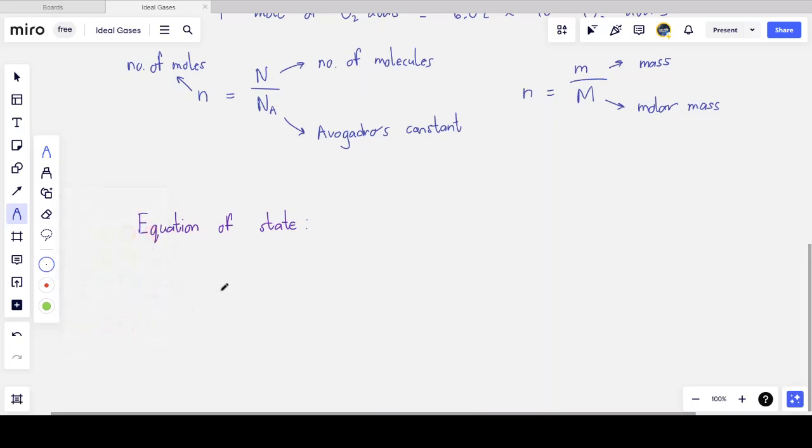Firstly, I'm going to look at a containing vessel, whatever this cylinder may be. It's closed, it doesn't allow any matter to enter or leave. And I have the particles of a gas. It could be any gas, it could be air, nitrogen, oxygen, it doesn't really matter.